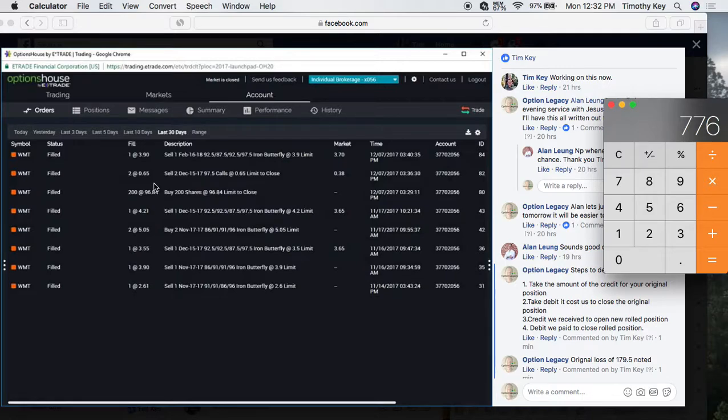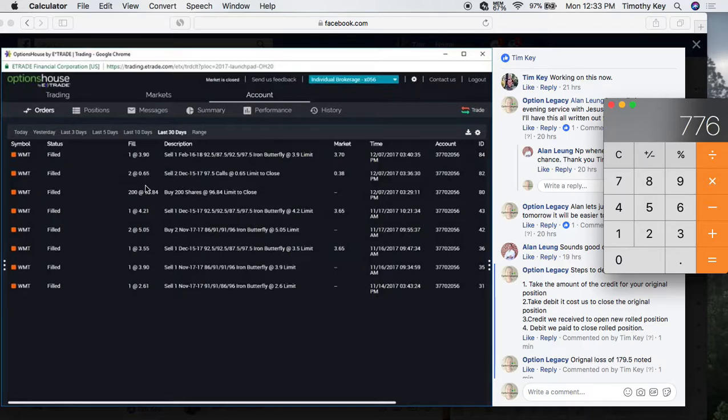Remember, according to the video, we went into the market at that moment, and we went to trading, and we went to options, and we opened up an exact same position. We acted like we were opening up the exact same position of the December monthly of these strikes, and we wanted to see what that position was trading at on the market at that time, and it was around $3.90 as a middle price.